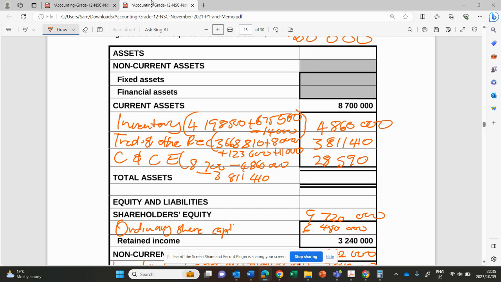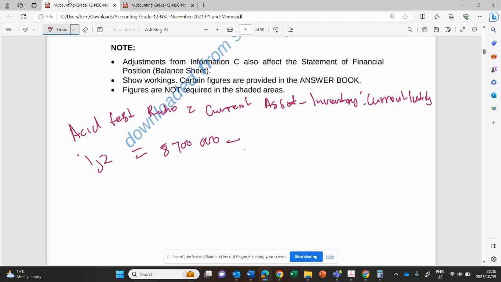Where's the inventory? We calculated it today: 4,860,000. This is a division, so we divide by current liabilities.